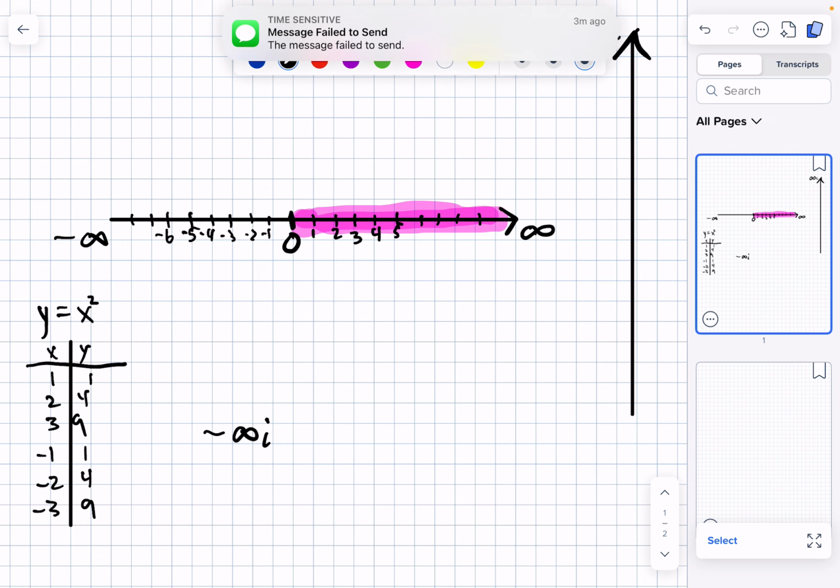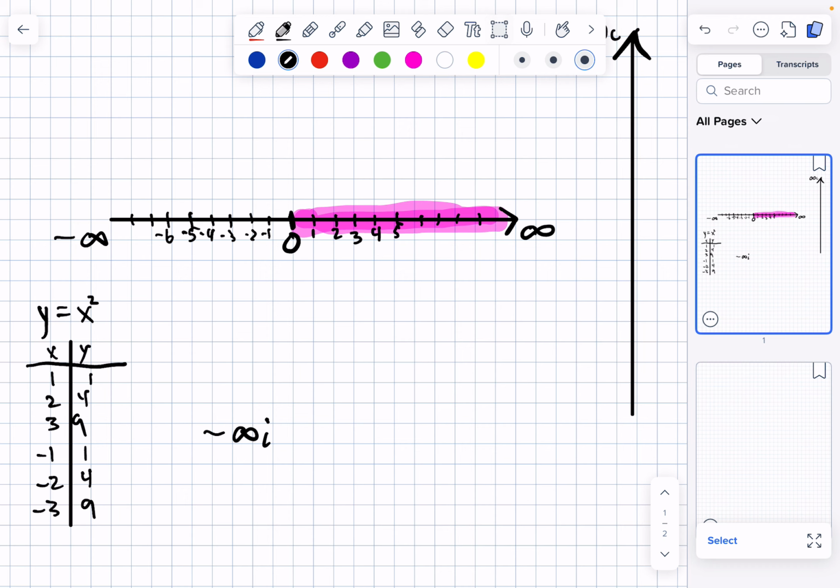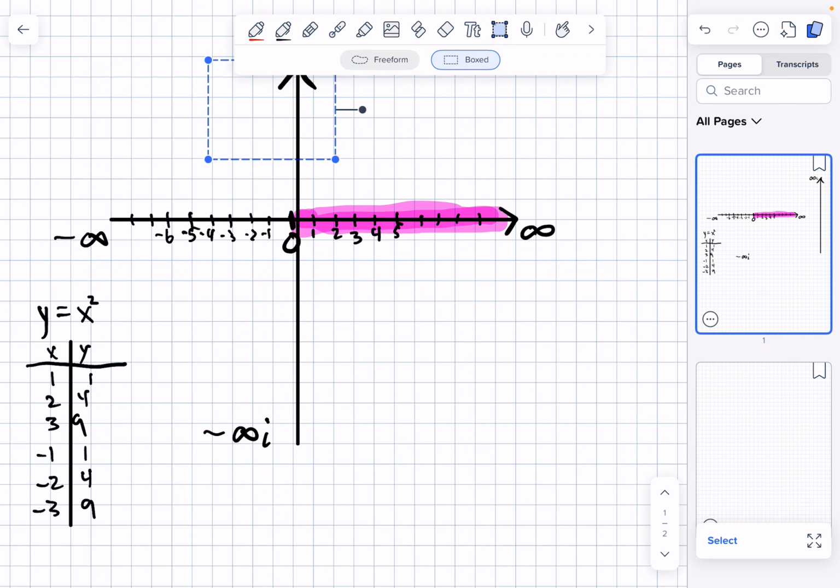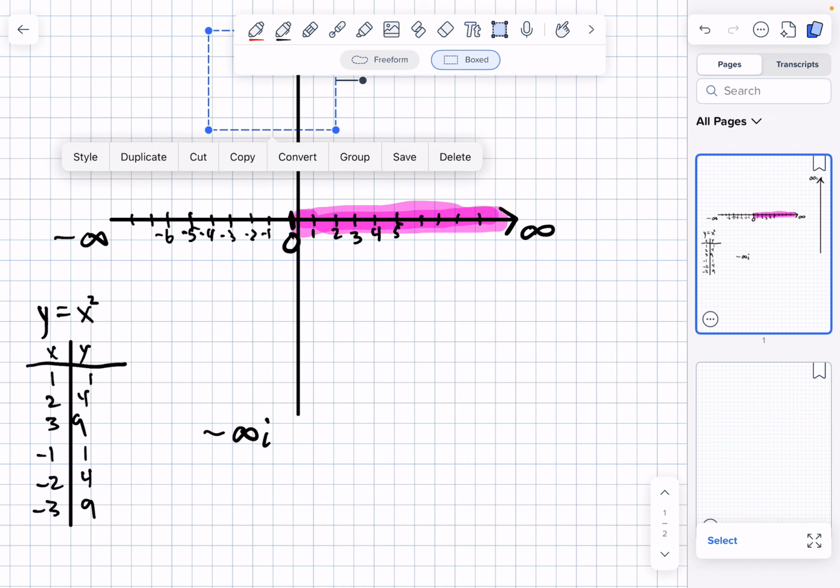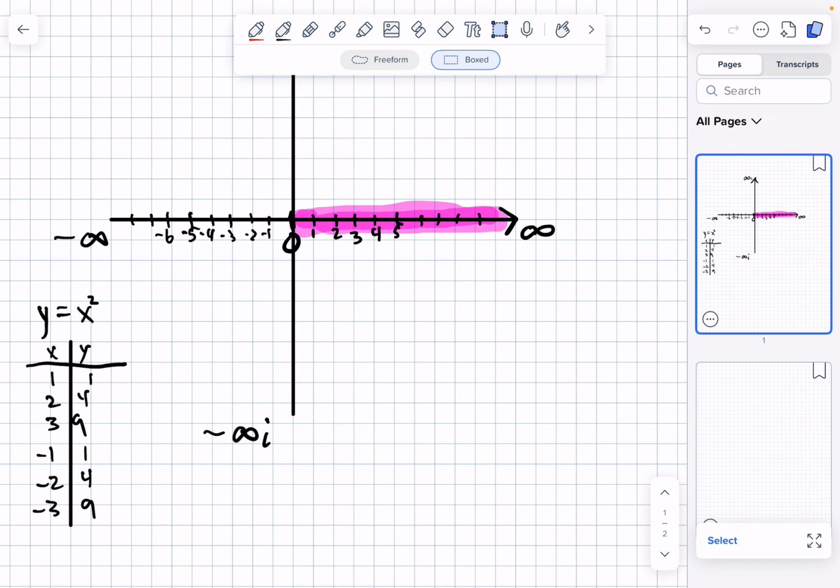But we changed all that with the addition of this complex thing. So we take this, move it over here, and we say, oh, okay.